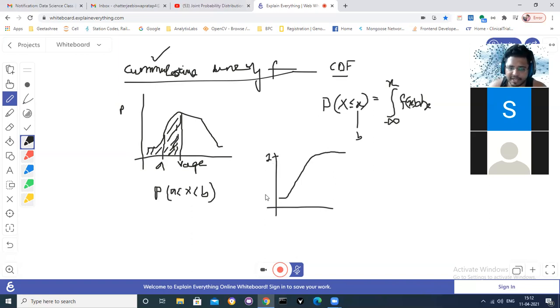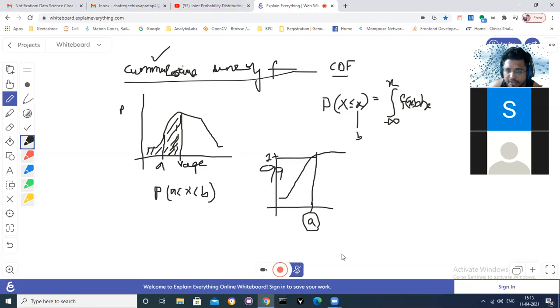CDF graphs never fall down because it's cumulative, they keep on adding. At A, all the probabilities before A will be added, say 99%. It is not the probability at a point, nor the probability in the range between A and B. It is the probability until A.